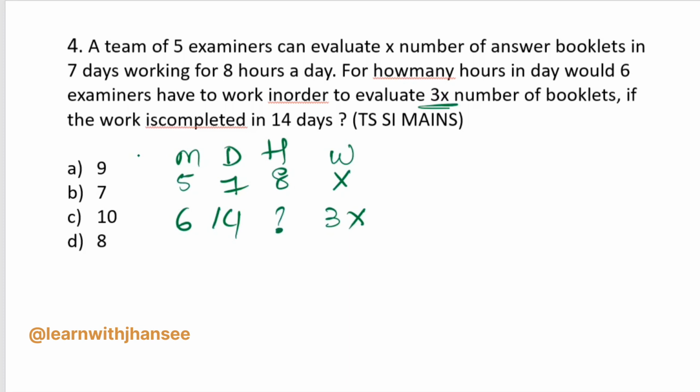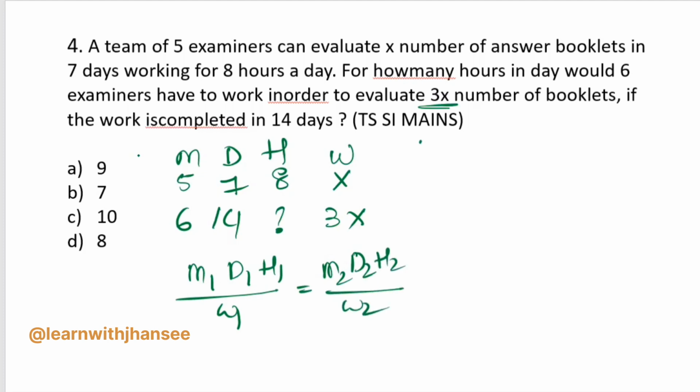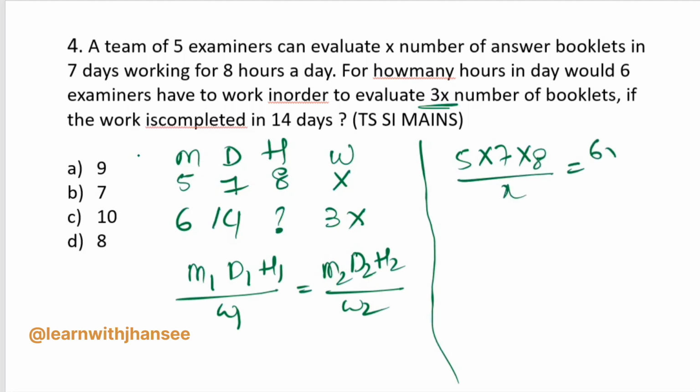So substitute in the same formula M1 D1 H1 by W1 is equal to M2 D2 H2 by W2. So in this, what is M1? 5 into 7 into 8 divided by X is equal to 6 into 14 into H, I don't know H, divided by 3X.